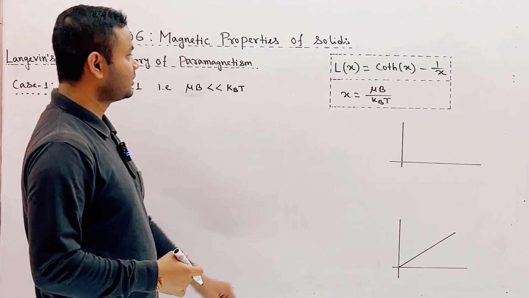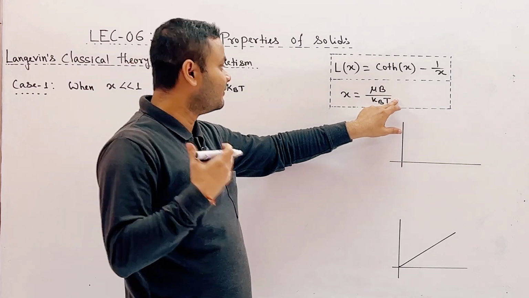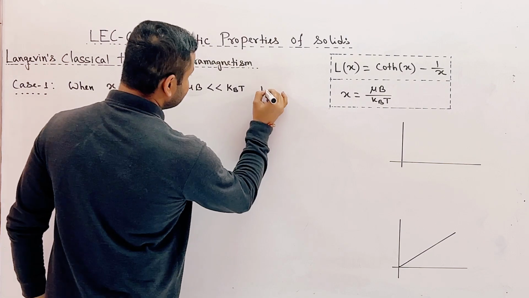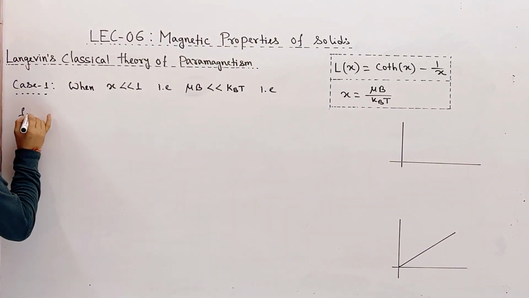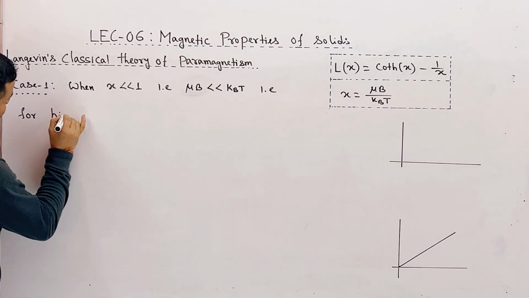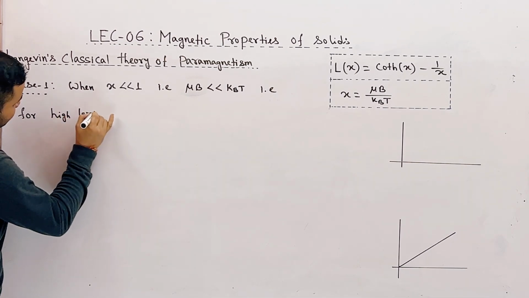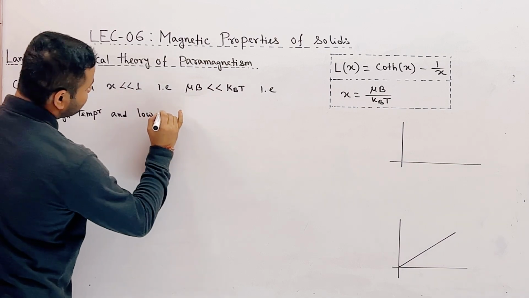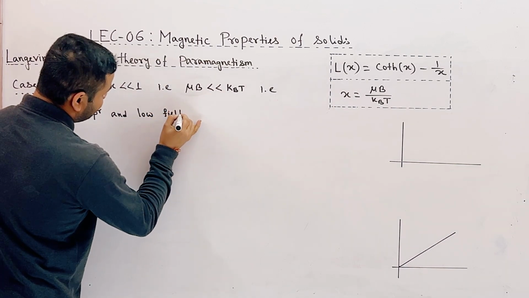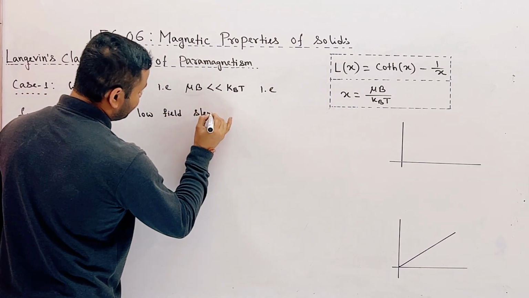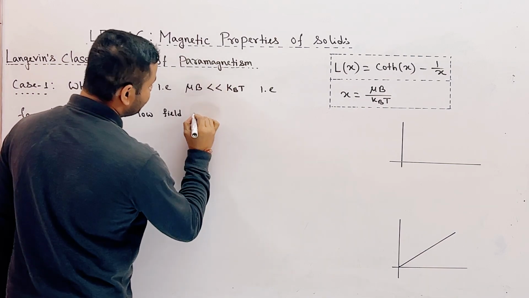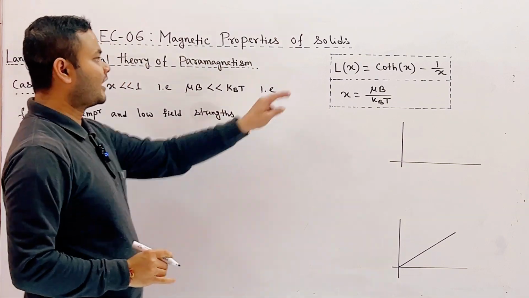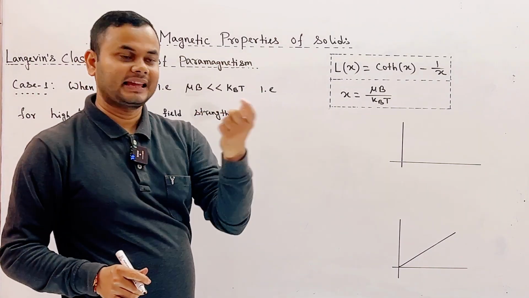In other words, when temperature is very high and strength of magnetic field is very low, that is for high temperature and low field strengths, this function L(x) becomes x by 3.